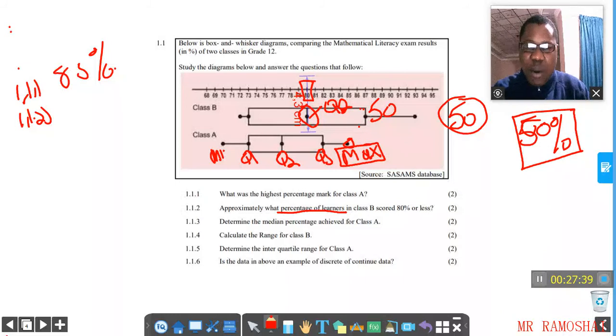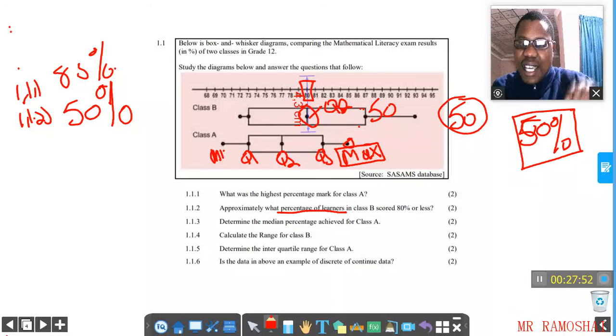So our answer here is going to be 50%. That means this is 50% of the learners. If the learners in class B were 20, it means 10 learners got less than 80%, whereas 10 learners got above 80%. We move on.